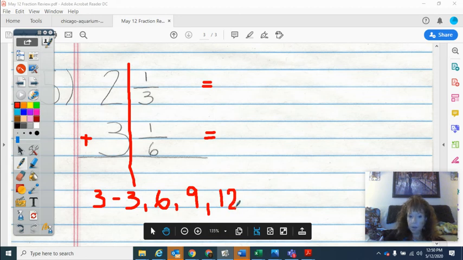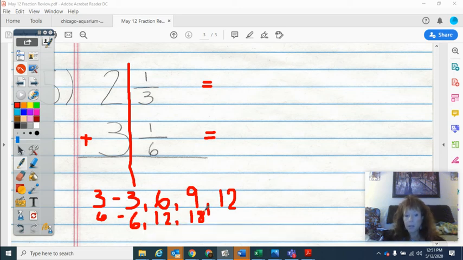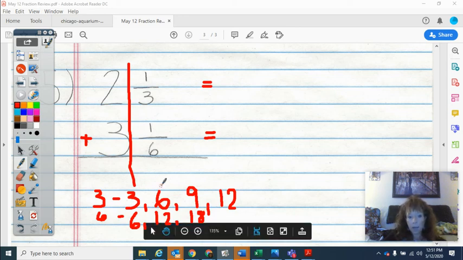Okay, I'm going to stop there. Now I'm going to write my multiples of 6. That's a 6. 6 times 1, 6 times 2, 6 times 3. Okay, I could keep going. 6 times 4 is 24. 6 times 5 is 30. 6 times 6 is 36. I could keep going on, but I want to find the smallest or lowest common multiple, and that is 6.